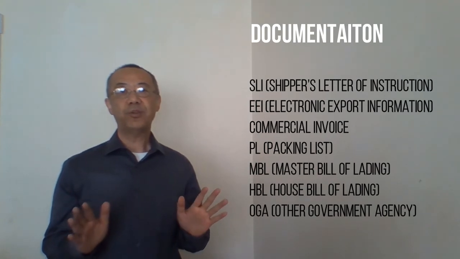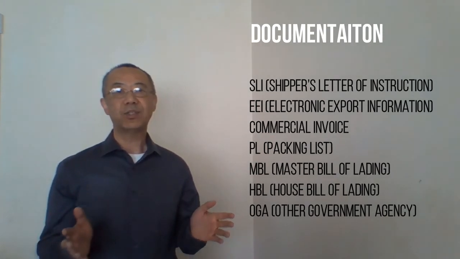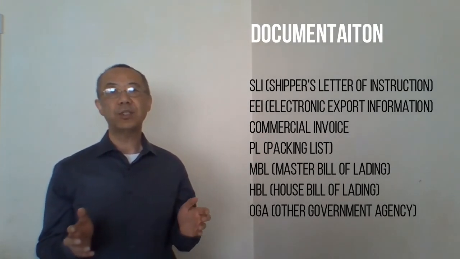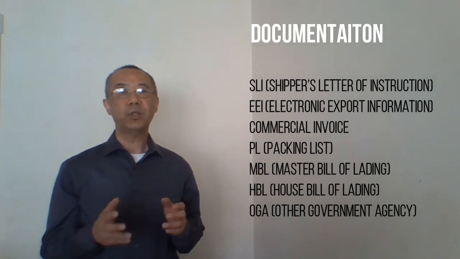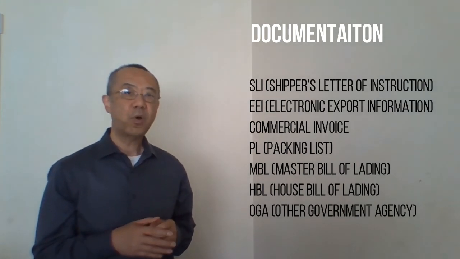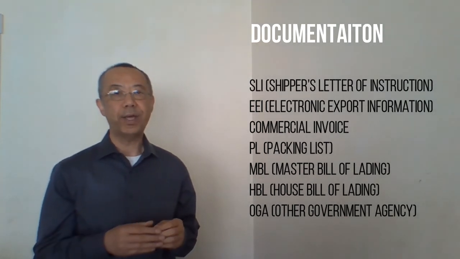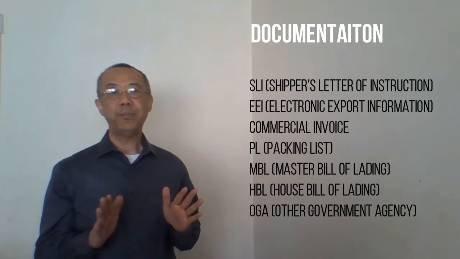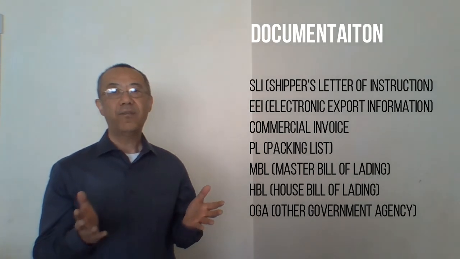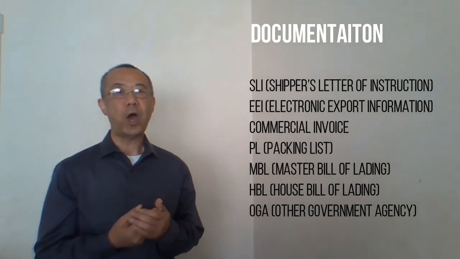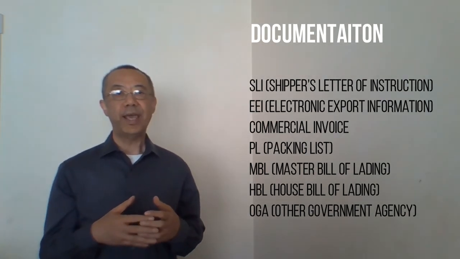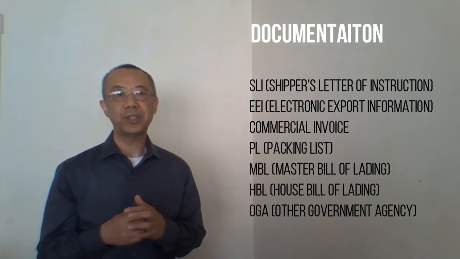OGA, Other Government Agency, is a division of the United States federal government that regulates specific products imported or exported from the U.S. Along with CBP, foreign countries' customs also require some information and regulate depending on the merchandise.